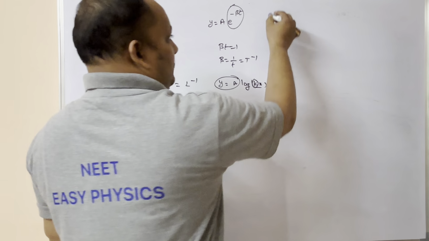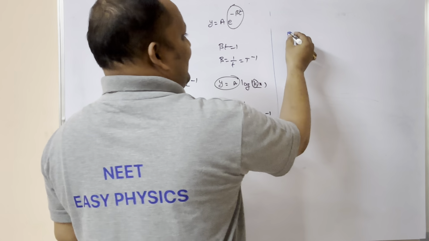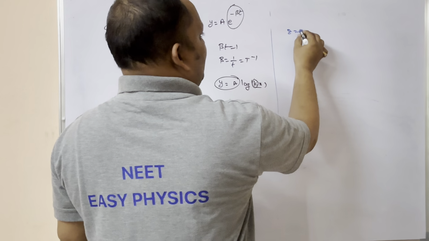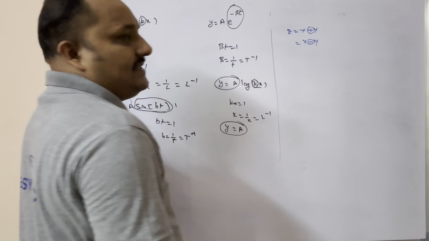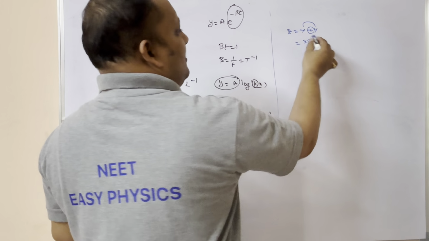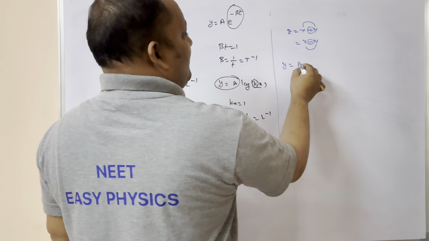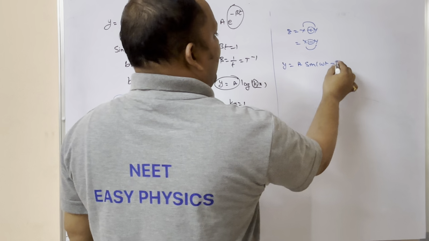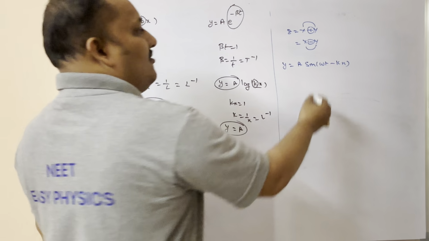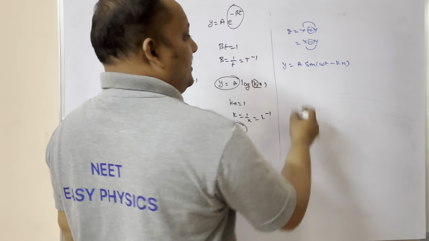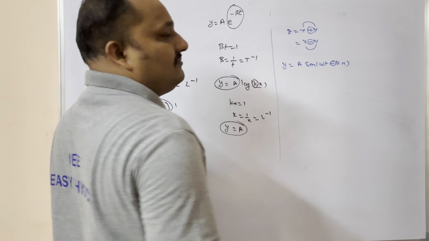Next, in the homogeneity principle, we said z is equal to x plus y, and we can write x minus y also. Same physical quantities can be either added or subtracted. So y is equal to a sine of omega t minus kx, they will give. What is the dimension formula for omega by k, they will ask. At the time, what is there in between?